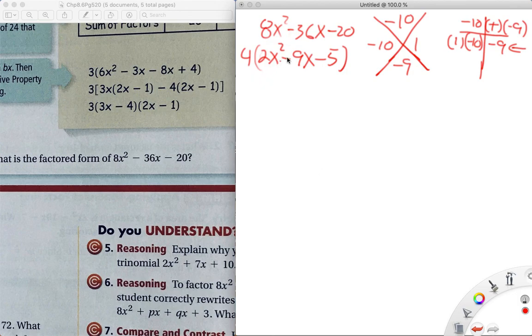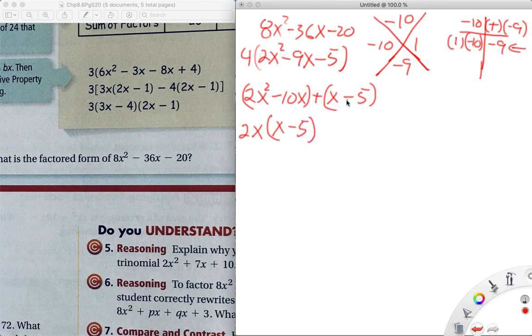So when I rename this, I'm not renaming the top part. I'm renaming the 2x squared minus 9x minus 5. I'm not going to worry about the 4. I'll bring it back later. So this is going to be renamed 2x squared minus 10x plus x minus 5, and then put the parentheses around and see what I can factor out. Well, here I can factor out a 2 and an x, that's a square, which gives me x minus 5.